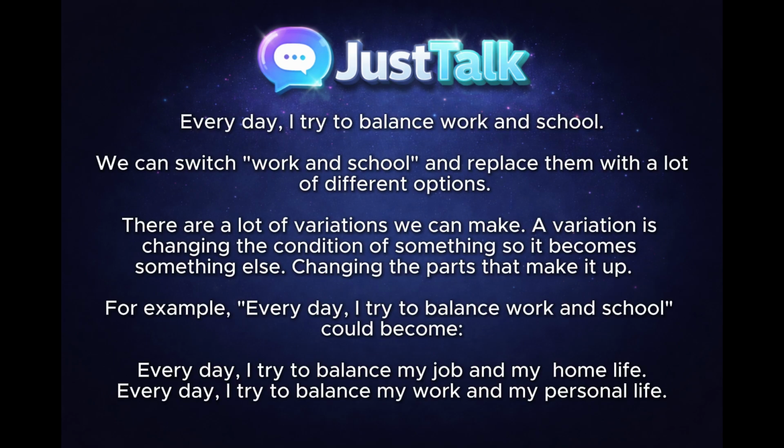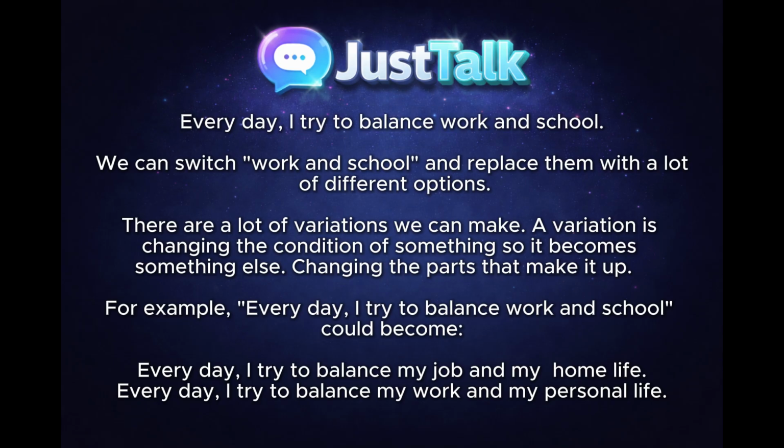Every day I try to balance work and school. We can switch work and school and replace them with a lot of different options. There are a lot of variations we can make.